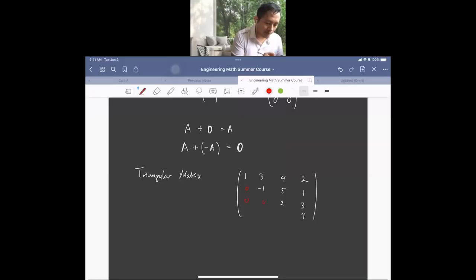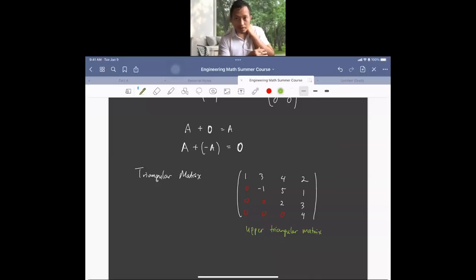And let me write the rest of it with 0. Because we only have the upper half part, we call this an upper triangular matrix.